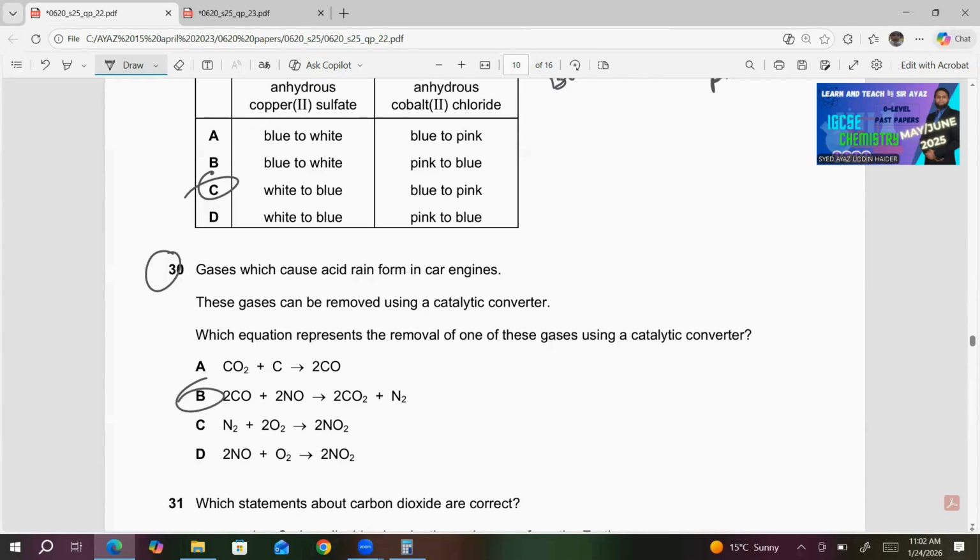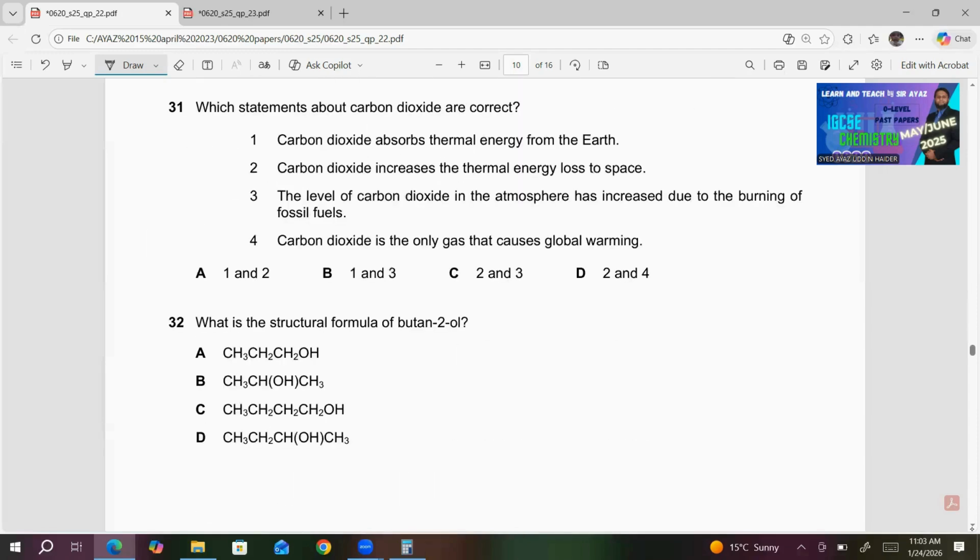The reaction in A is not happening in the catalytic converter because it makes a harmful gas, carbon monoxide. In C and D, we have acidic oxides, and a catalytic converter does not produce acidic oxides. Fine, so B must be the right answer.